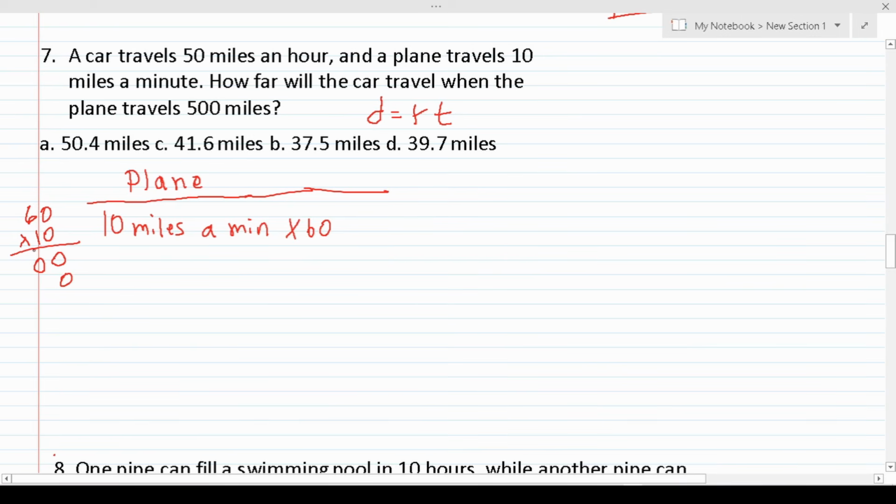Drop your 0 placeholder. 1 times 0 is 0. 6 times 1 is 6. Add, we can see this is going to be 600. So if the plane goes 10 miles a minute, in terms of hours, that's going to be 600 miles per hour. And I like seeing MPH, which makes it easy. This miles per hour is the rate of the plane.